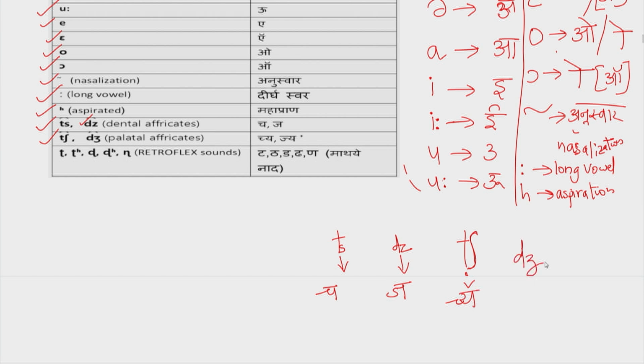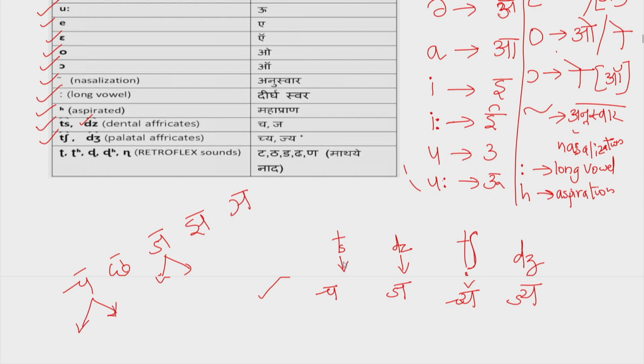D and Z represents J. Now in Devanagari script we just have one line Ch, Ch, Z, Z and this Nya. However, in Konkani we have two sounds for this letter, two sounds for this letter. So it is very important that we know the distinction between these two sounds.